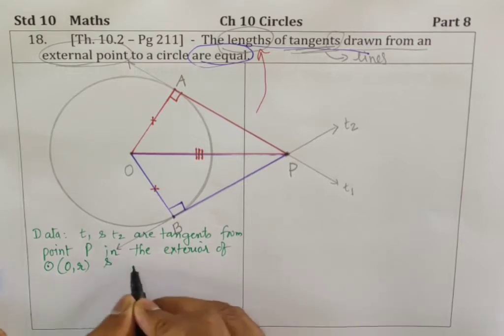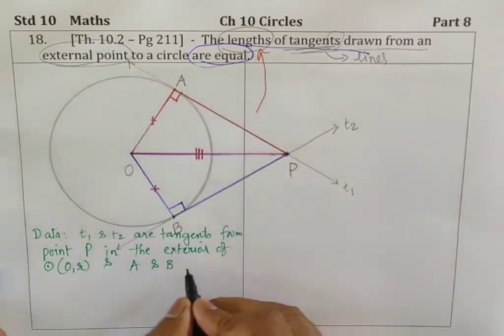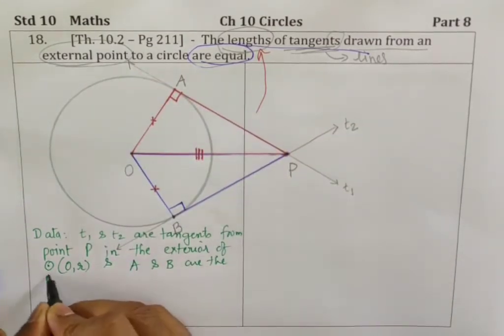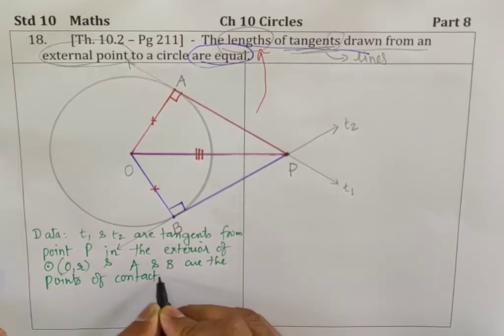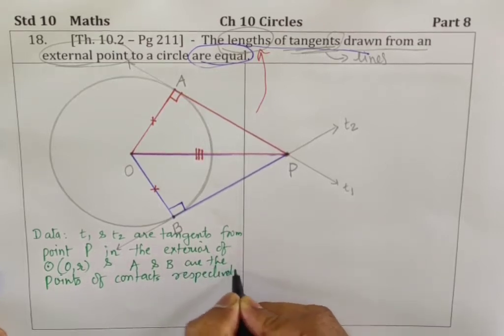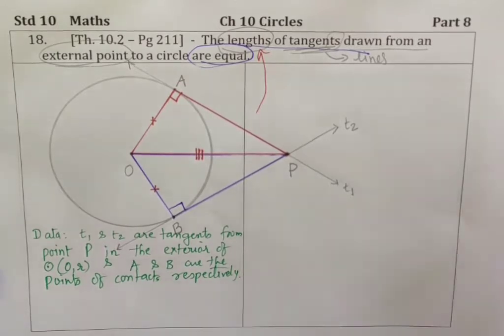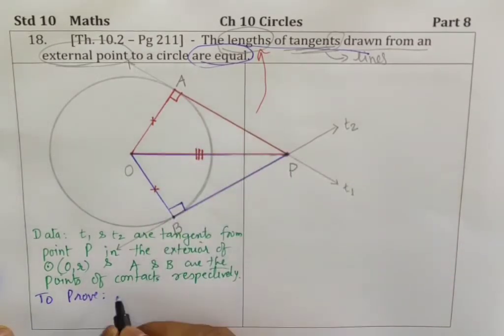Okay, and A and B are the points of contacts respectively. Correct? But that is what is given. What do you have to prove? To prove, yeah, PA equal to PB. PA equal to PB. Correct? Now let's start the proof.